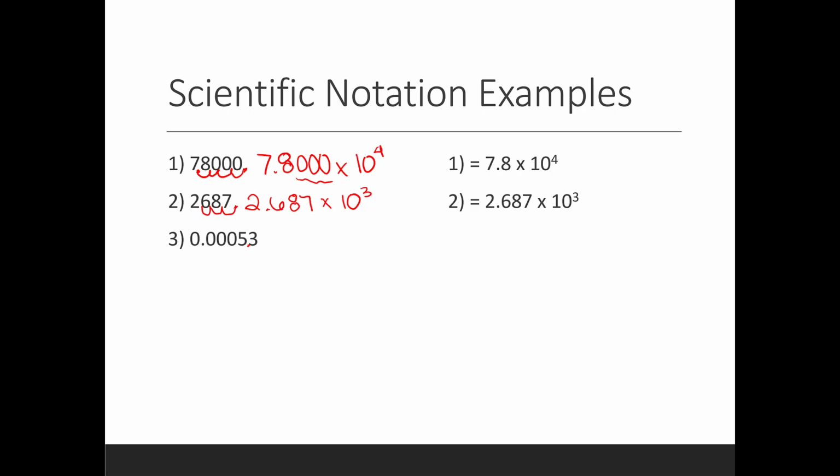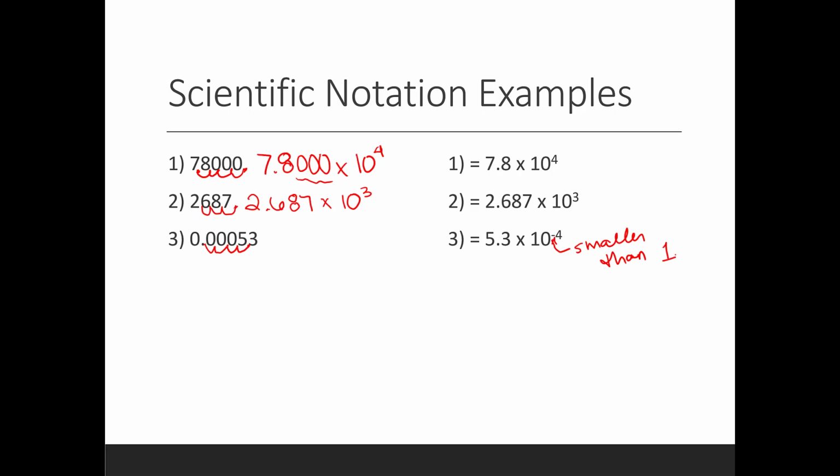It has to start somewhere between 1 and 9, and we can only have one digit in front of the decimal point. So in order to get my decimal from there to there, I'm going to need to move it 1, 2, 3, 4 times. So my answer is going to be 5.3 times 10 to the negative 4th. And that negative is there because my original number is smaller than 1.